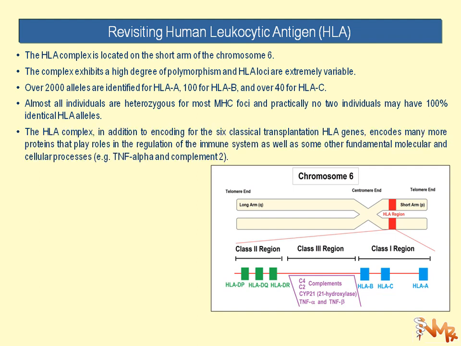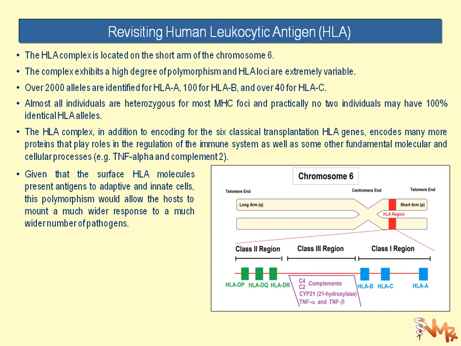The HLA complex, in addition to encoding for the 6 classic transplantation HLA genes, presents many more proteins that play roles in the regulation of the immune system, as well as some other fundamental molecular and cellular processes such as tumor necrosis factor alpha and the enzyme 21 hydroxylase.